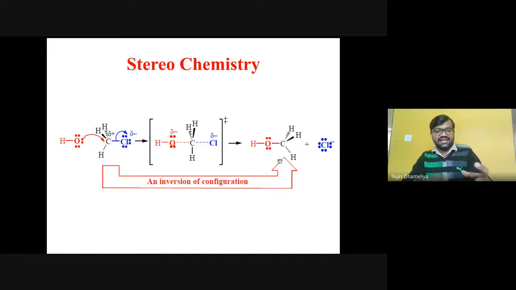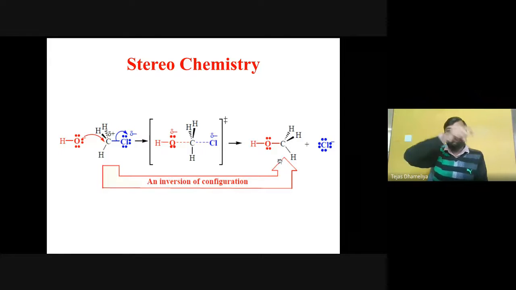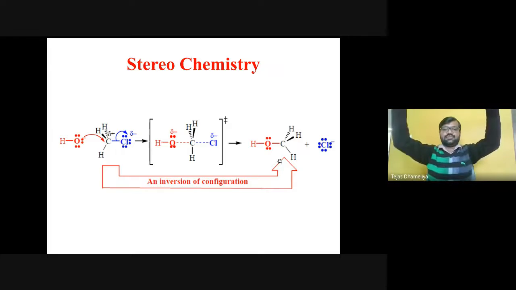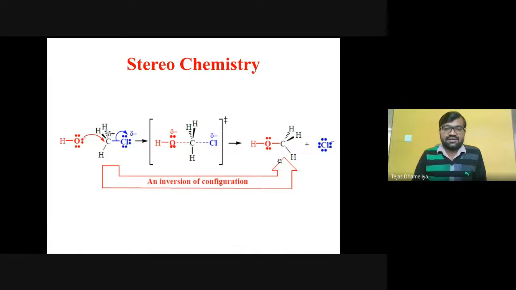Just look like inversion of umbrella. With umbrella in hand, if you are going in the rainy season in the outside atmosphere, because of the wind, if your umbrella is inverse, similar thing is observed here.